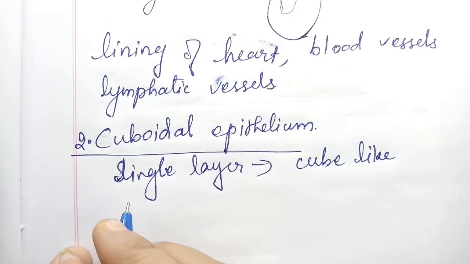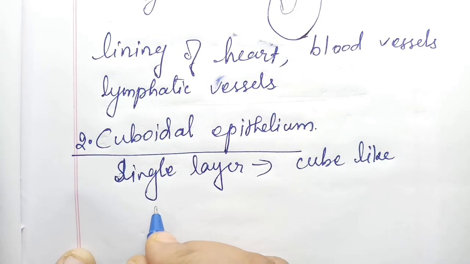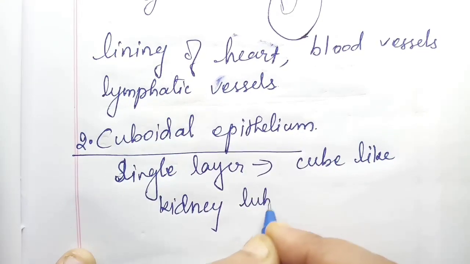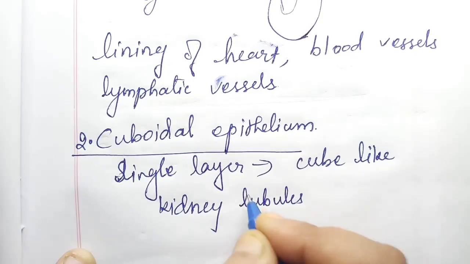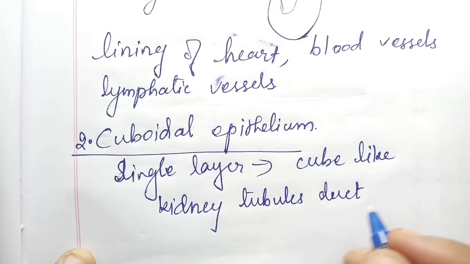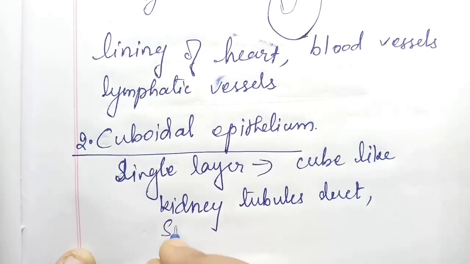These are found in the kidney tubules duct and the surface of the ovary.